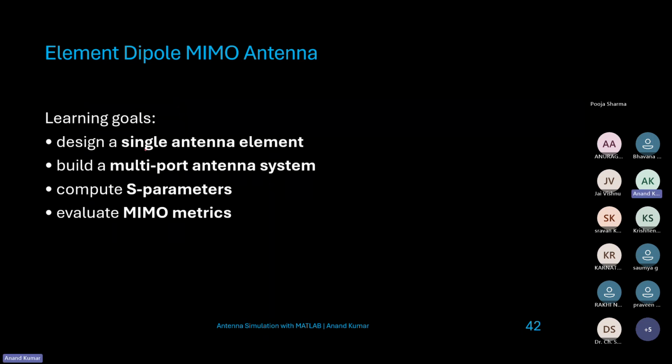For every MIMO antenna paper that you'll go through, this is the typical structure.